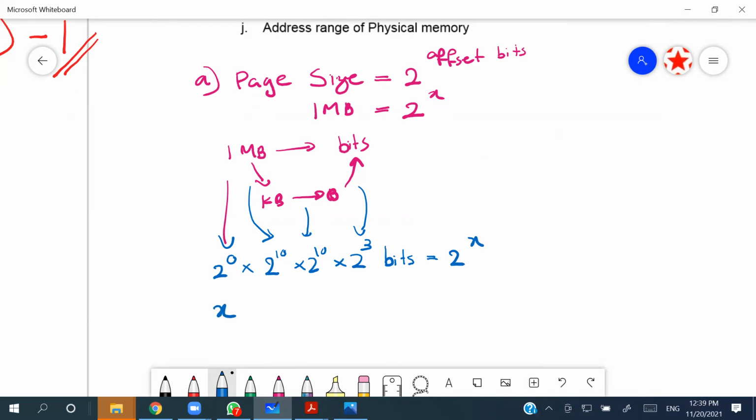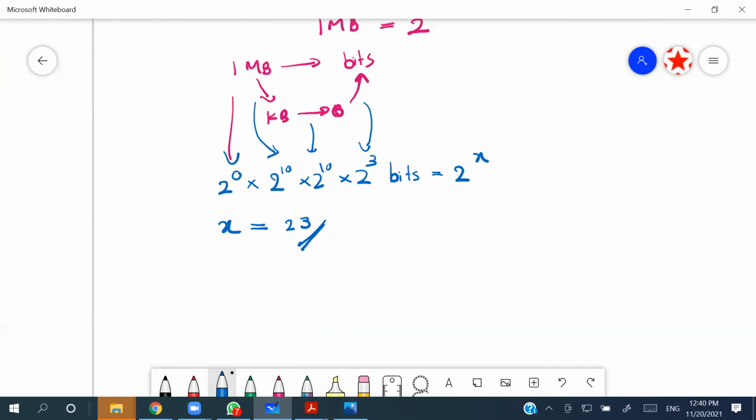So x is equal to 23, right? Because 2 to the power 23 equals 2 to the power x, therefore x is equal 23. That means number of bits in the offset is going to equal to 23.